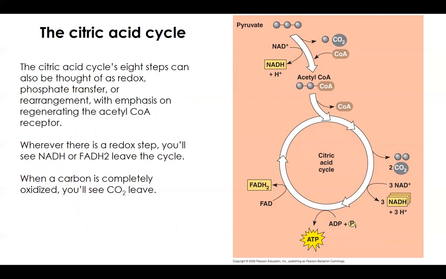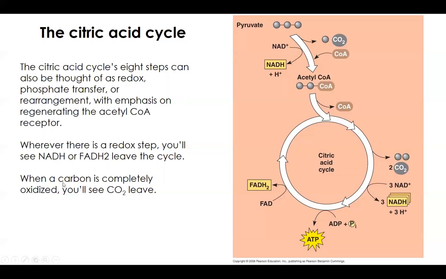But just like glycolysis, you can think of these reactions as being a redox step, which we'll note whenever we see NADH, or a new player here, FADH2. We'll know where a redox step has happened. We'll see some phosphate transfer, which we'll know when we see ATP happen.